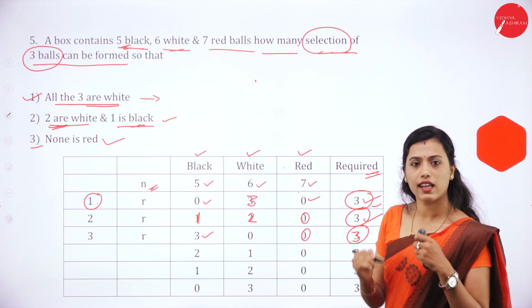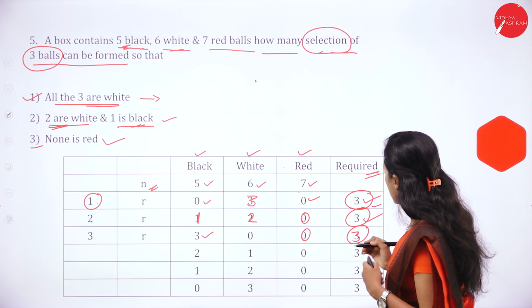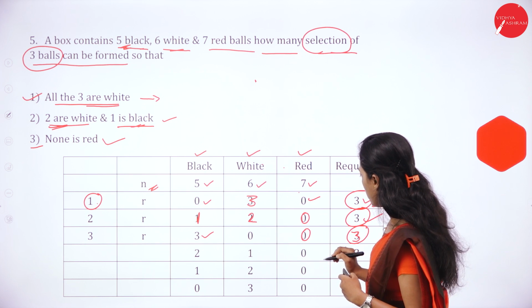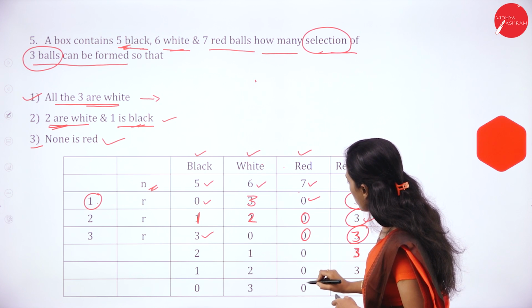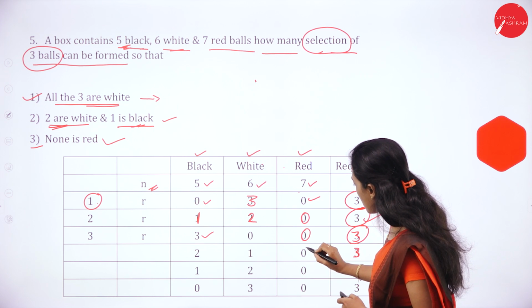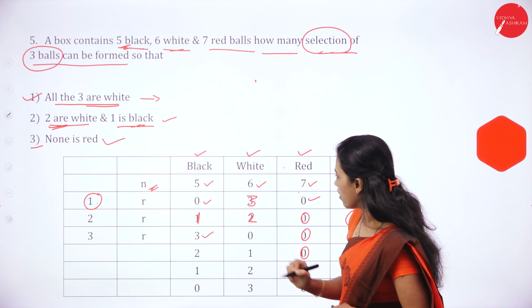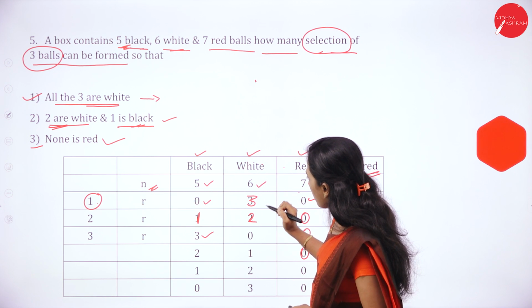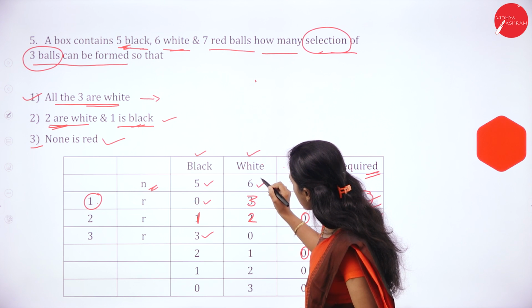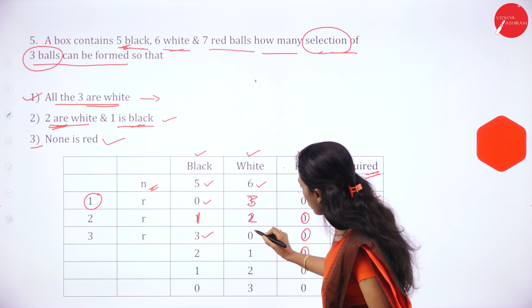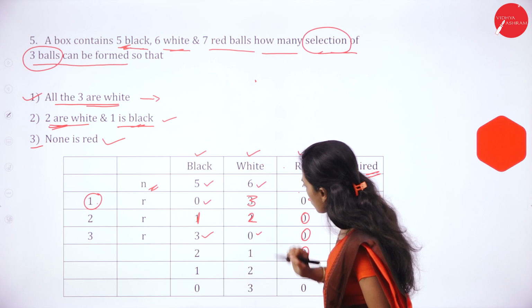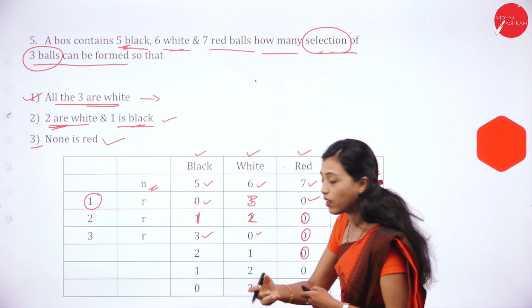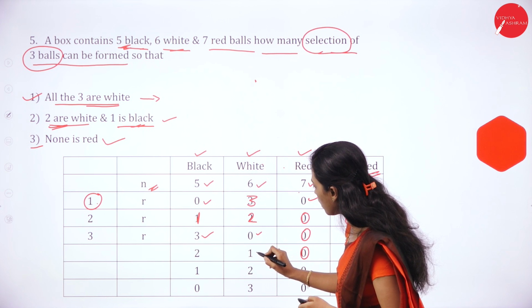This is one arrangement. Then second arrangement will be, again requirement is 3 only. Condition is only for red, that is none is red. So none is red. But here there are 6 white balls. So we can take white color ball. 0 is over, so we can take one white color ball.